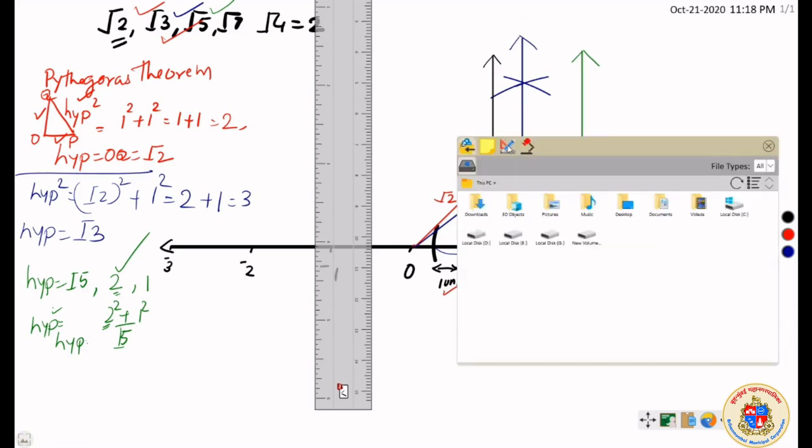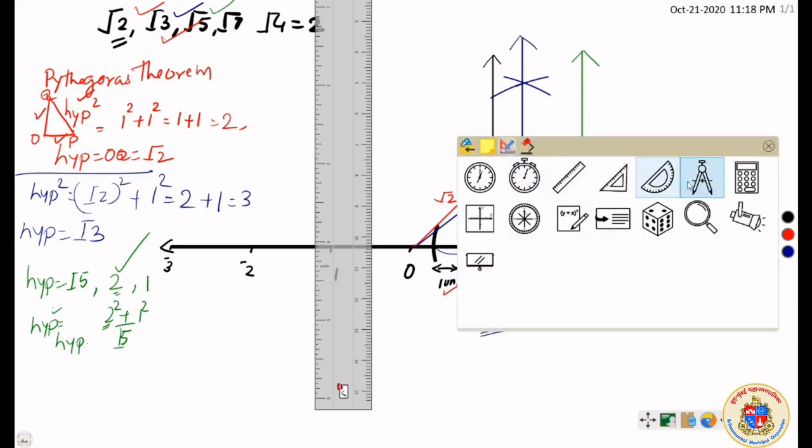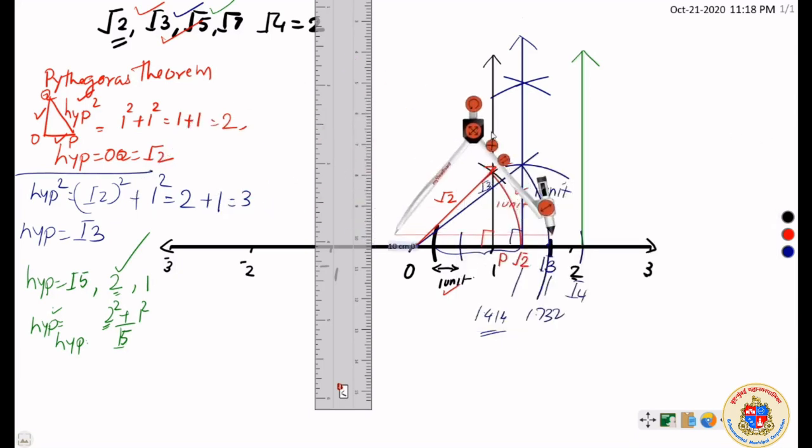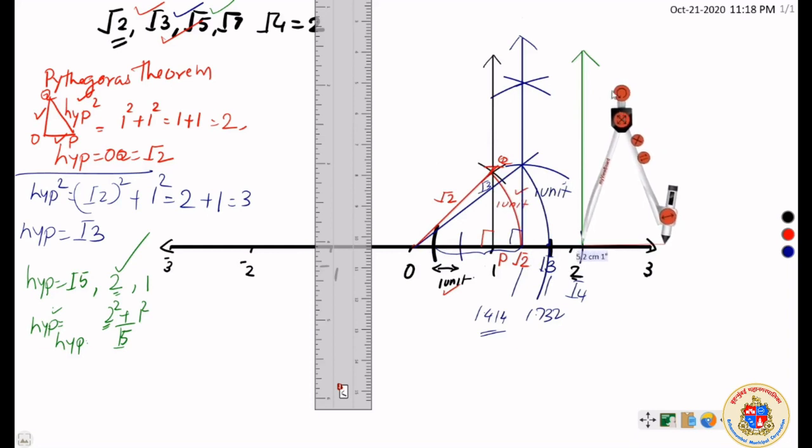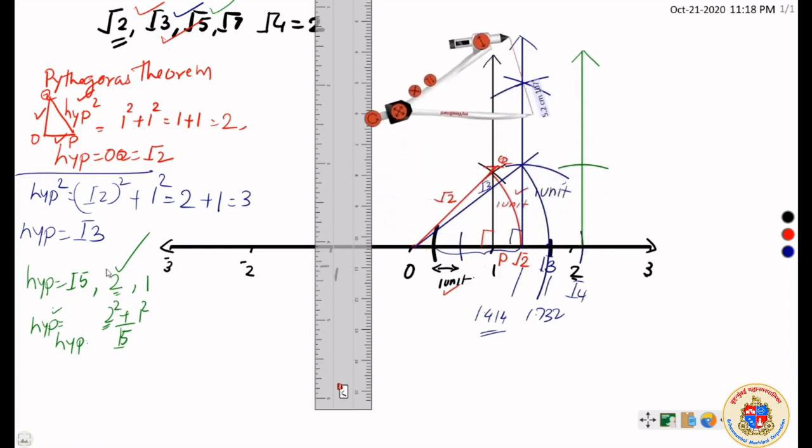For that I need the compass. Take the compass and measure 1 unit from here, like before. Mark that 1 unit on the newly drawn perpendicular simply. Now we know, according to the Pythagoras theorem, hypotenuse square is equal to one side square plus other side square, where it is 2 square and 1 square.